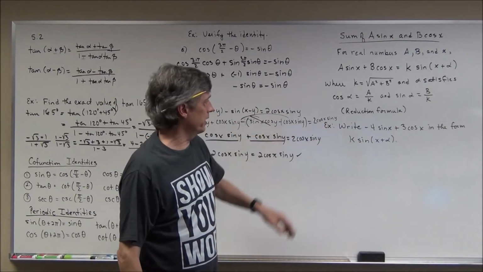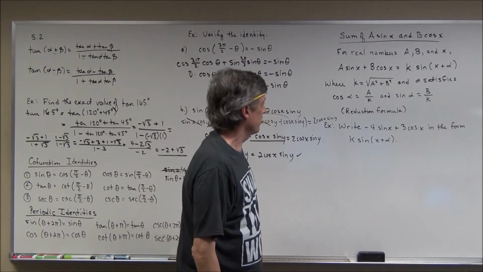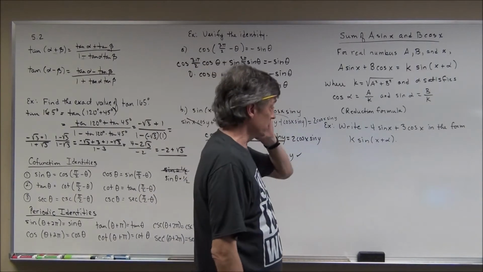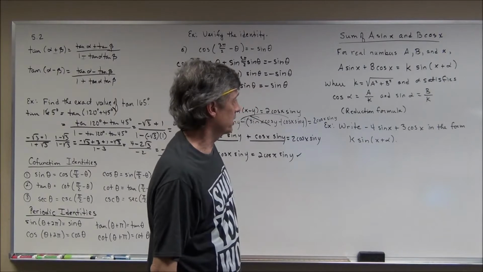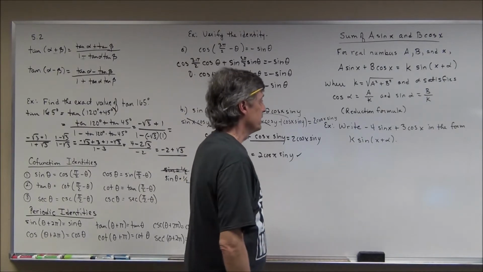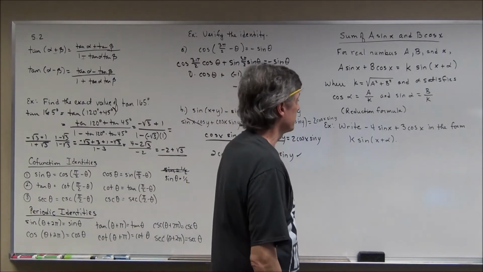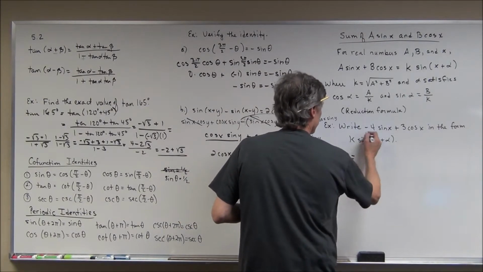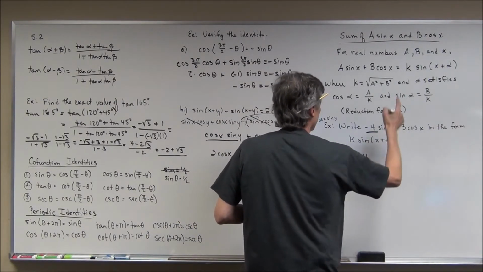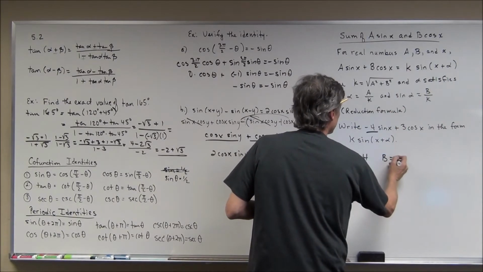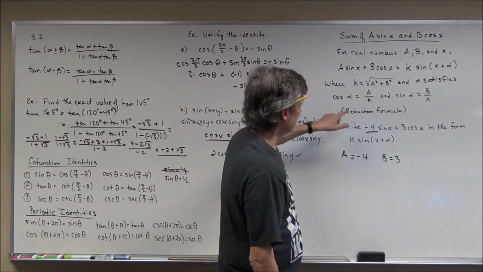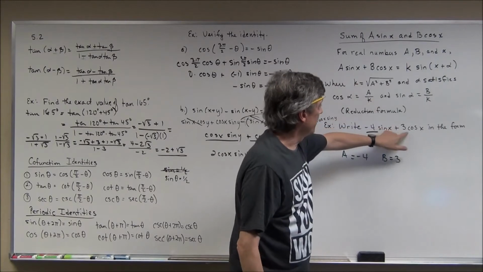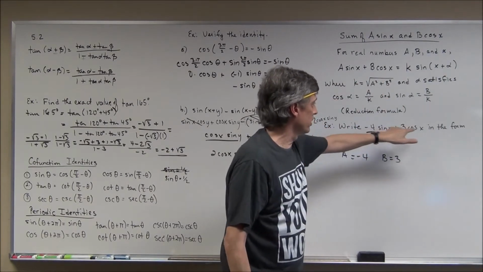So we'll try one example here just to give you a little taste of it. It says write negative 4 sine x plus 3 cosine x in the form k sine of the quantity x plus alpha. Well, I'll start out by finding k. A is negative 4, b is positive 3, because it has to have the sine first and the cosine second, and this one's all nicely set up.